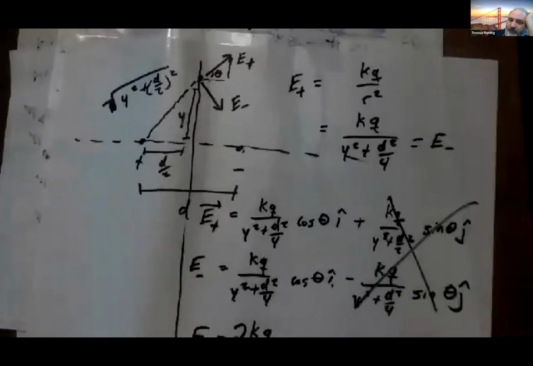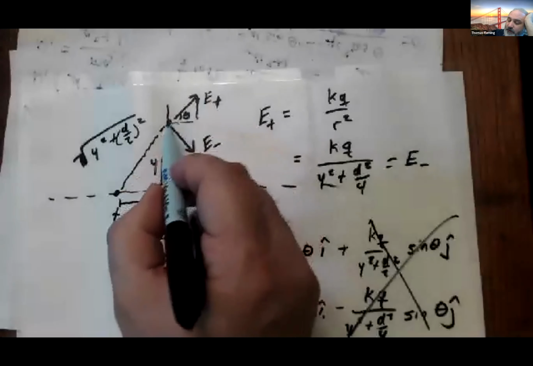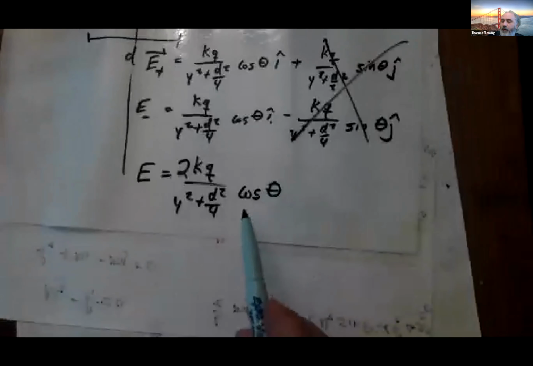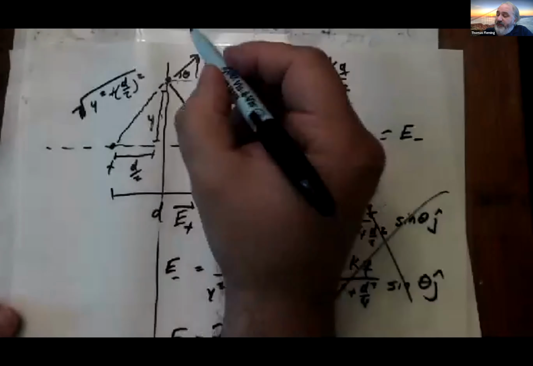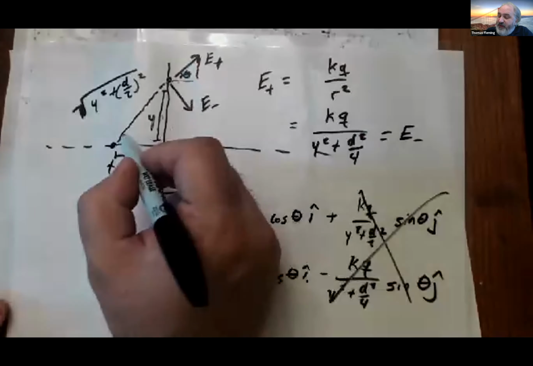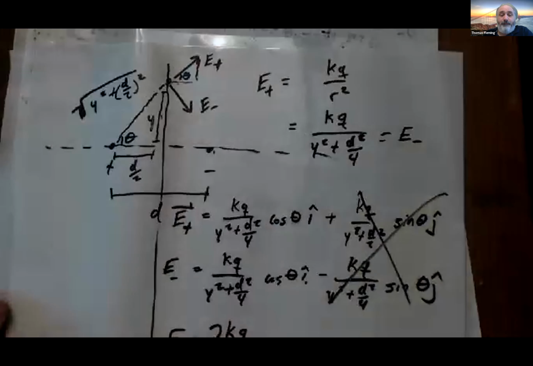Oh, but wait. This cosine theta thing's a pain because as I move higher and higher in the y-axis, or lower and lower in the y-axis, that angle is going to change. The higher I go, the steeper that angle is going to be. So that cosine of theta itself is going to be a function of y. Let's make that simpler and figure out how theta is an expression of y. I can do that by noting that this angle right here should be the same as that angle right there.